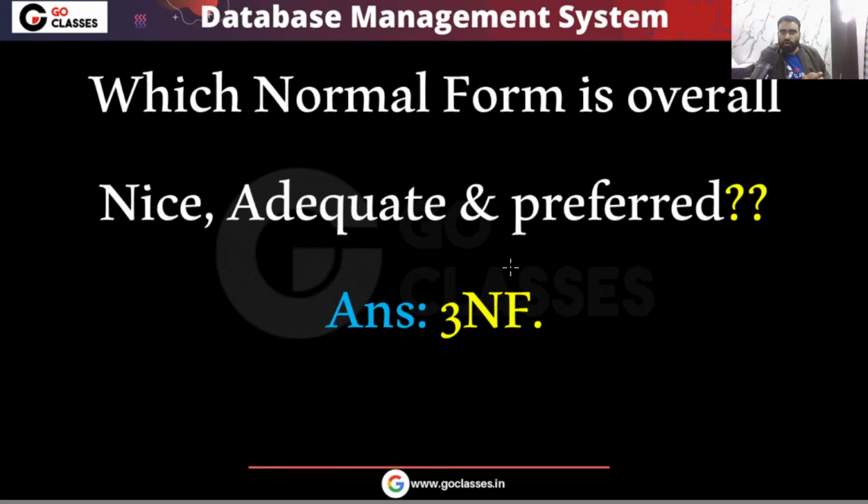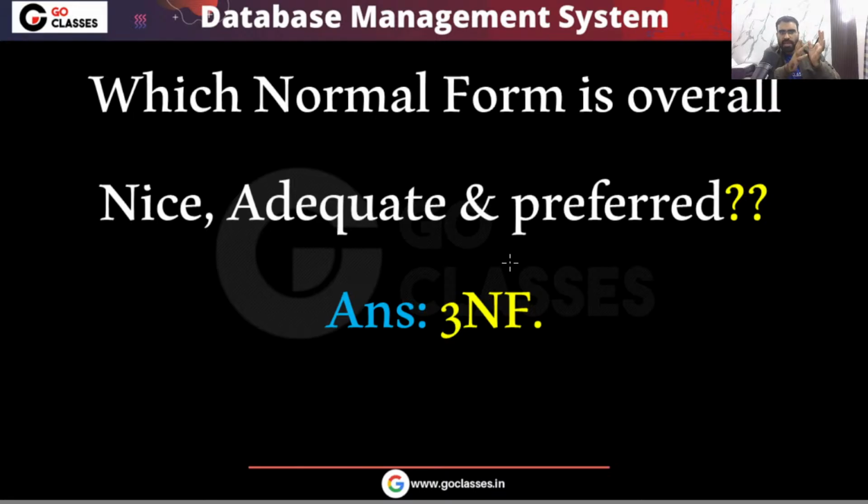Because for every relation R, you can convert your database into 3NF such that you get lossless decomposition also, and you get dependency preservation also. So basically 3NF is an overall nice normal form where you do not lose any property. You do not lose the data, you will get lossless join decomposition.